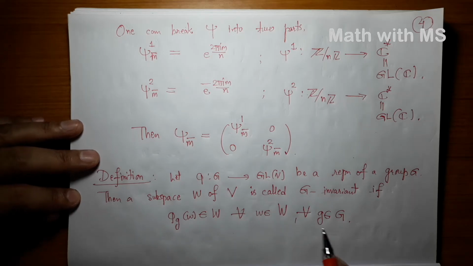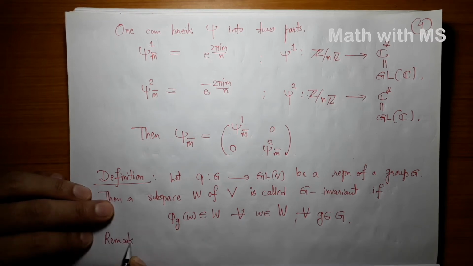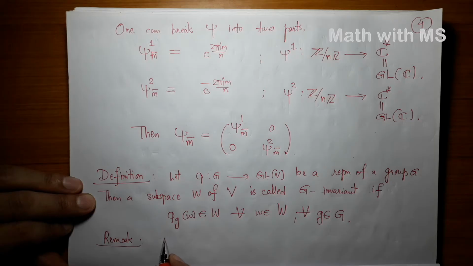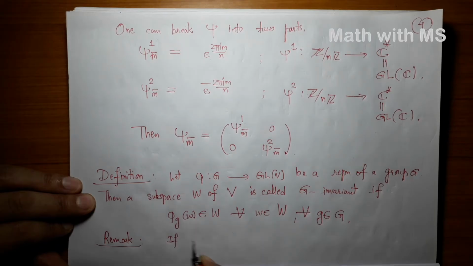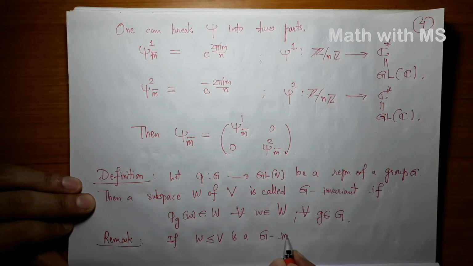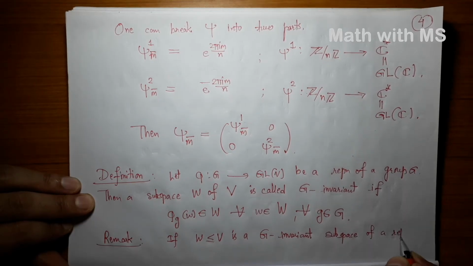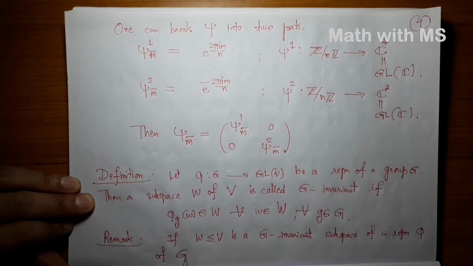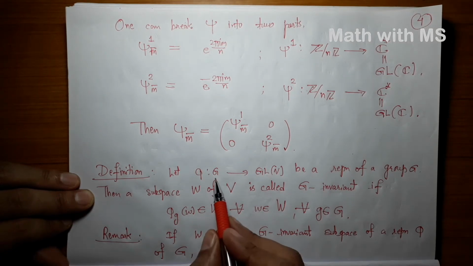Another important remark here: if phi from G to GL V is a representation of G and W contained in V is a G-invariant subspace, then phi is just a map from G to GL V, right?